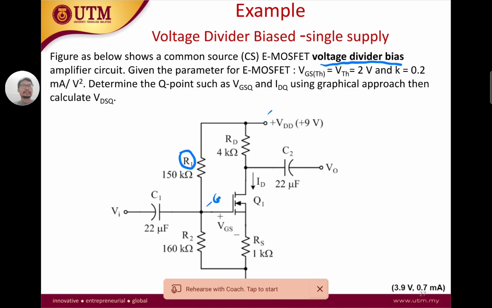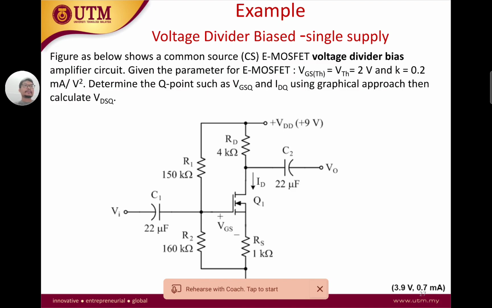Okay, this is your gate terminal. So if you have a resistor connecting between your main source VDD and the gate, then you can identify this circuit as the voltage divider bias. The analysis for voltage divider bias is a little bit different. We're going to go through how we can analyze the voltage divider bias.